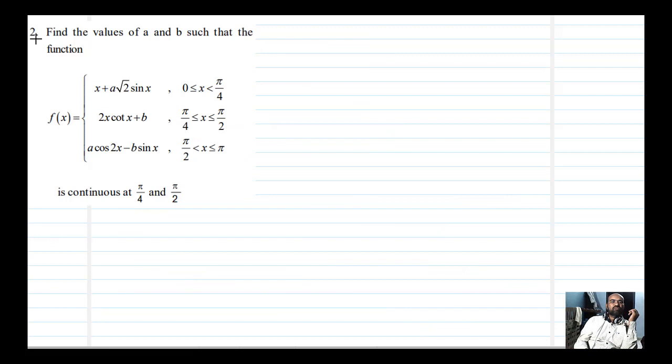Okay, our next problem: find the values of a and b such that the function given is continuous at pi by 4 and pi by 2. At pi by 4 and pi by 2 the function is continuous, in such a way that you want to find the a and b values, students. Okay, first of all, given f is continuous at x equal to pi by 2, pi by 4.